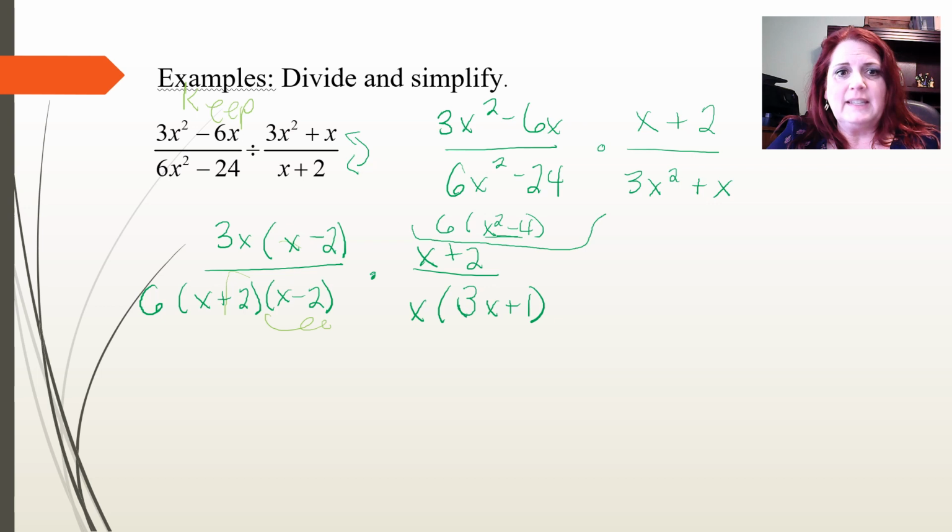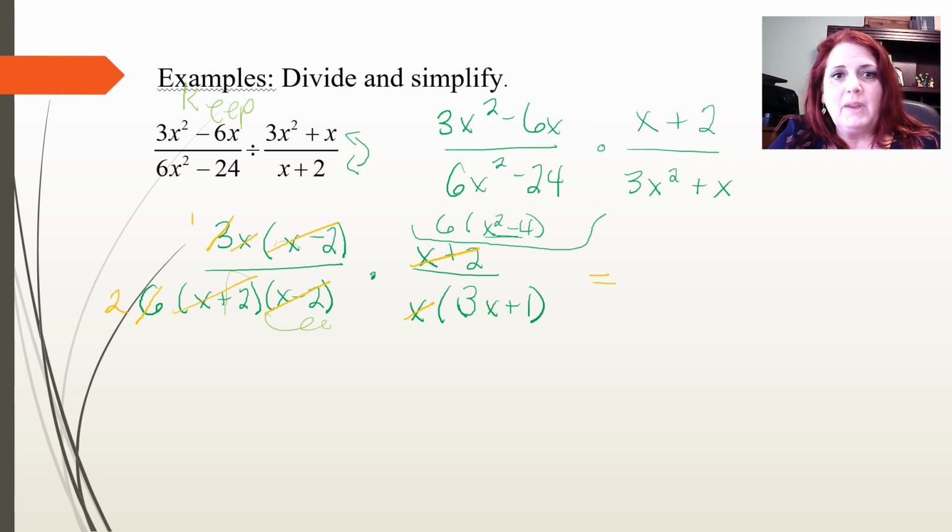3 and 6 have a common factor of 3. 3 goes into 6 twice, though, so we still have a 2 in the denominator. I see an x minus 2 in common. There is an x in common here and here. And there is an x plus 2 in common here and here. And in the numerator, everything got canceled off, but it's not nothing.